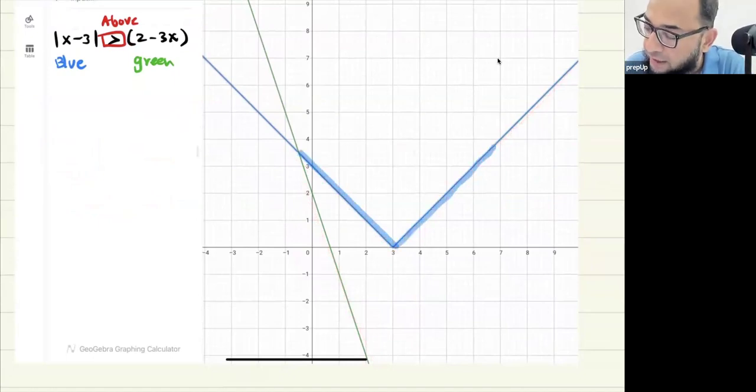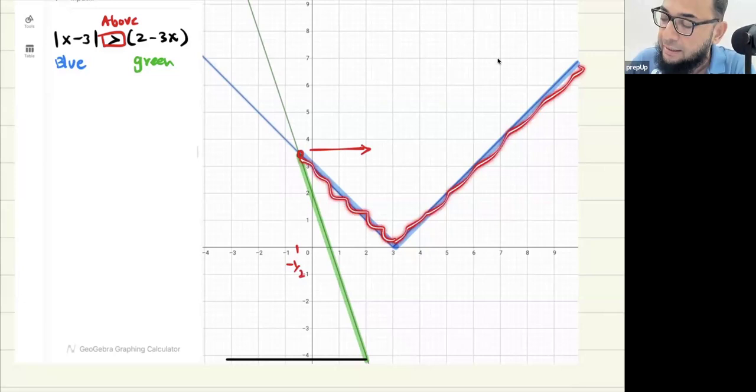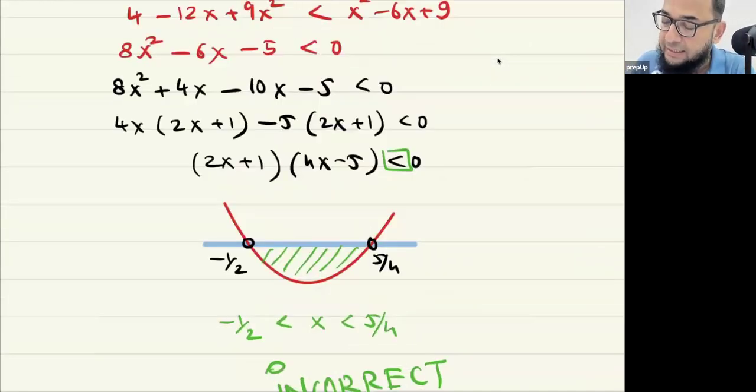This is the blue thing, and the green thing is over here. Now this value is negative half. So when we go to the right of this, the blue modulus line is above the green line. And isn't that the correct answer, which we obtain by the true and false method?